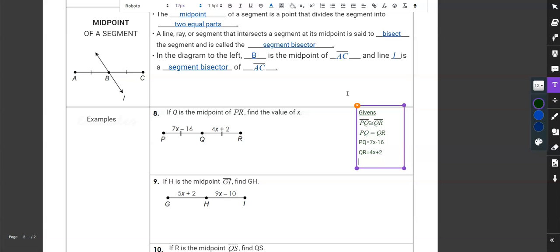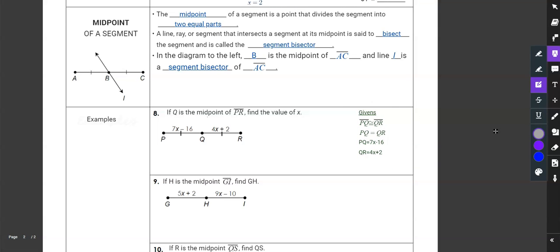However, because of the observation we made a few moments ago, where it says PQ is congruent to QR, therefore PQ is equal to QR, what that means is this is our formula. So PQ equals QR. This is super important to get used to, because when we see a midpoint, we want to remember that the two segments are congruent.